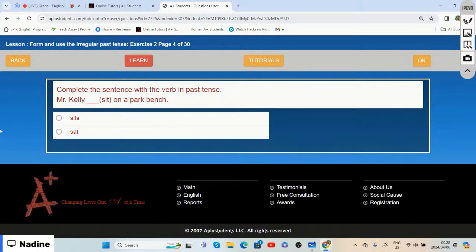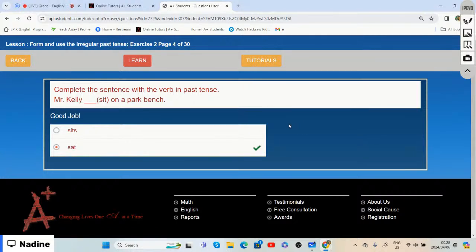If we choose the correct one, we will say Mr. Kelly sat, because sat is the past tense of sit. Well done. Sat is correct.